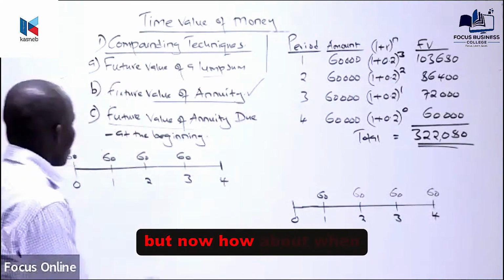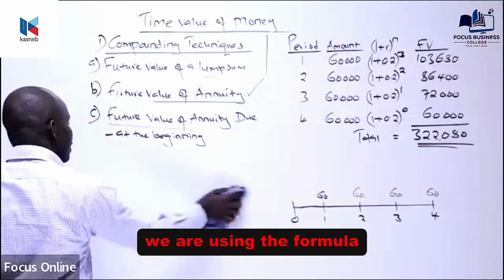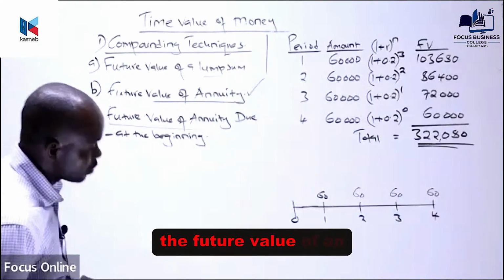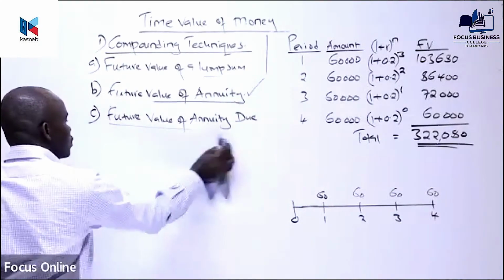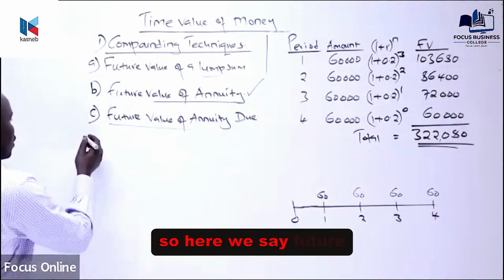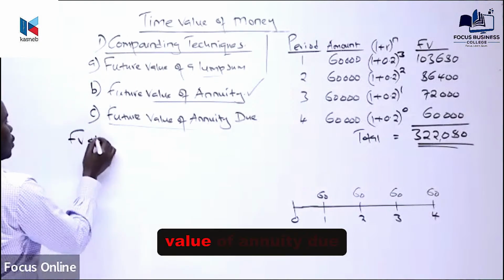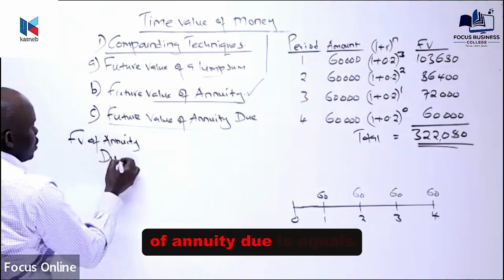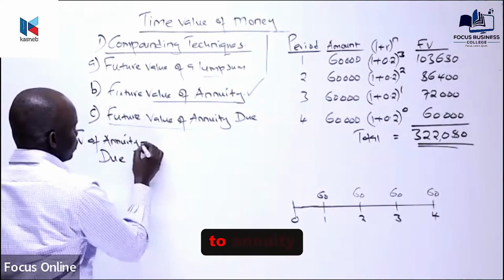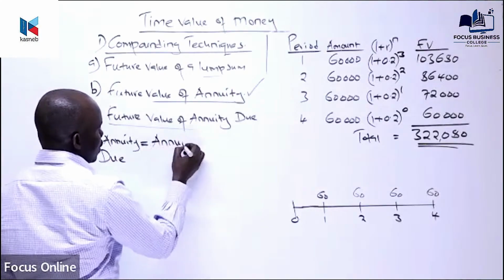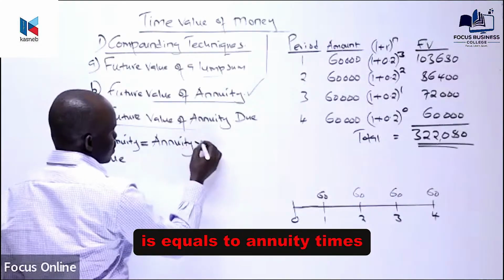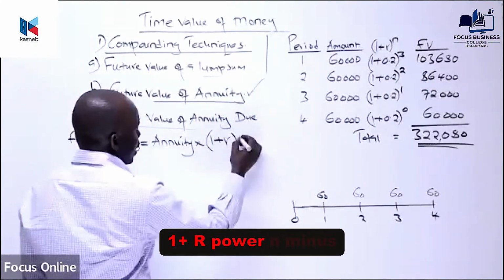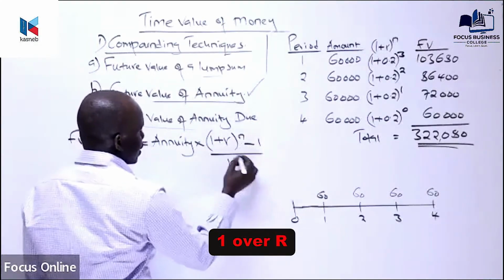But now, how about when we are using the formula? This is how we get the future value of an annuity due. So here we say future value of annuity due is equal to annuity times 1 plus r power n minus 1 over r.